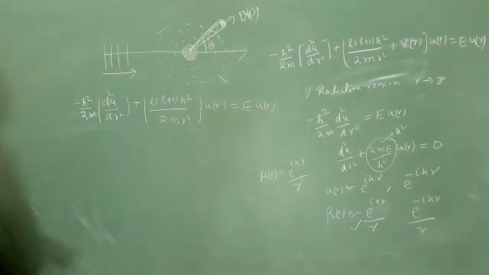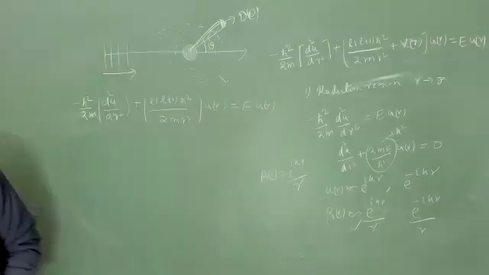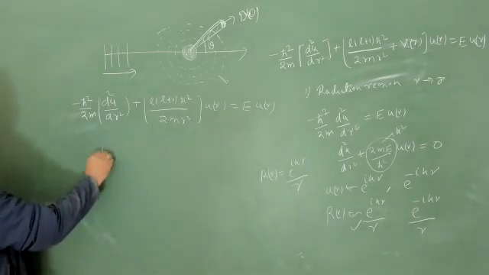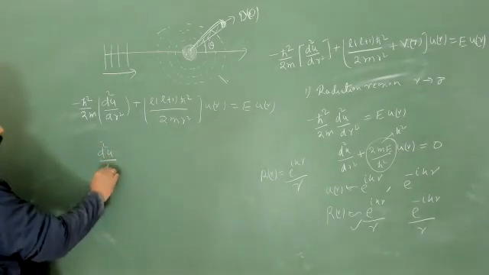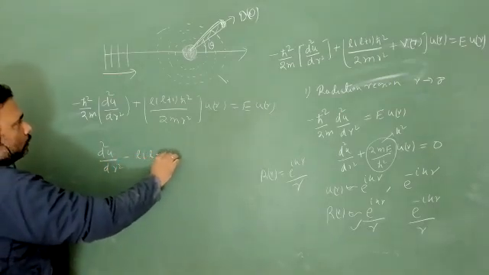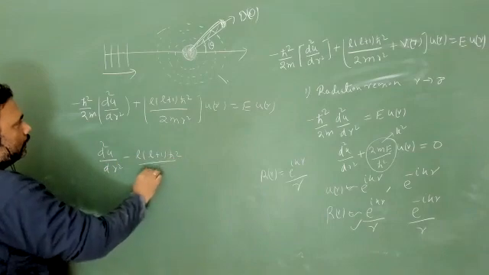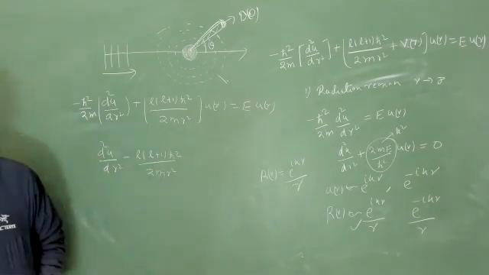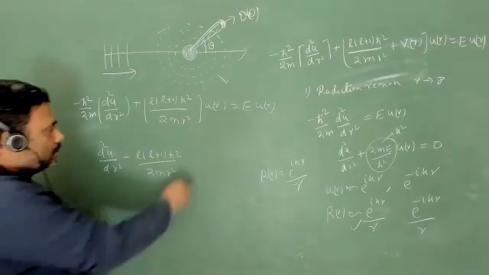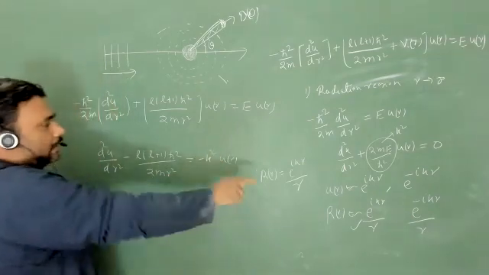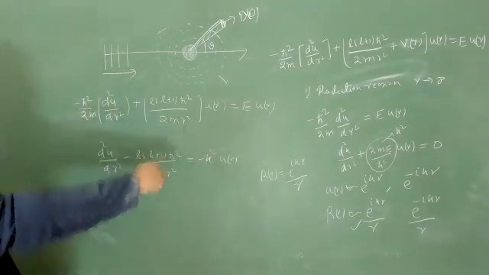We can write this equation as d square u upon dr square minus L into L plus 1 upon r square ur equal to minus k square ur. Again, k is the same thing, root under 2mE upon h cut square, isn't it?